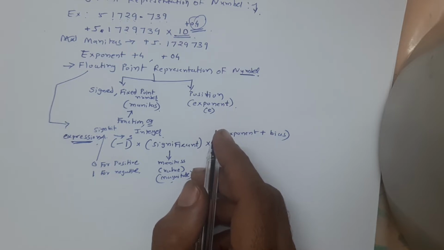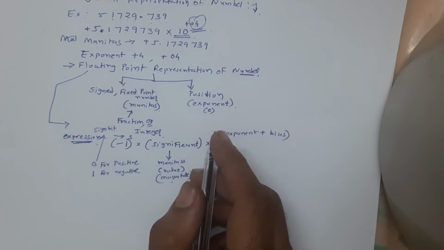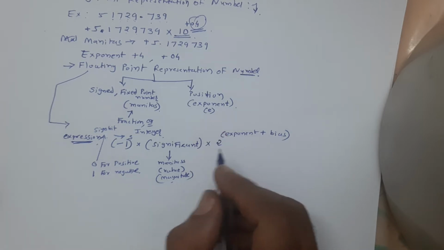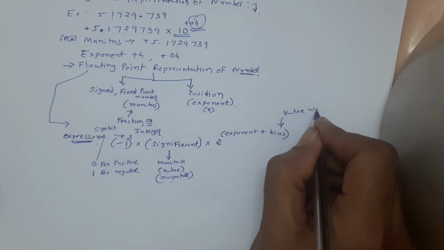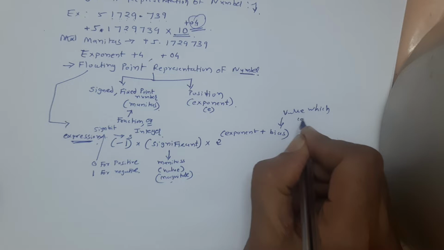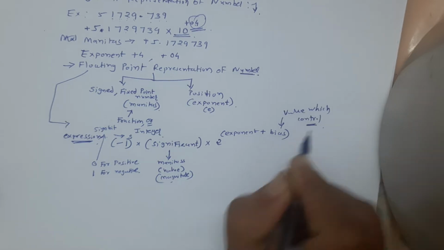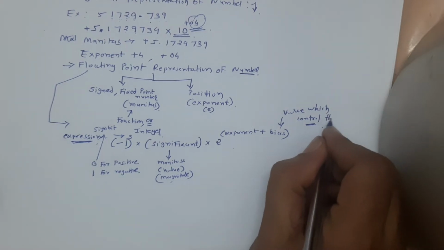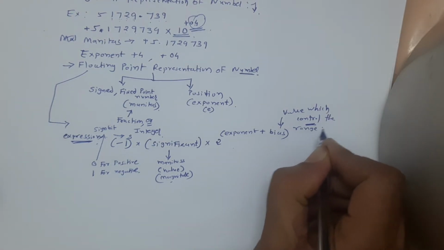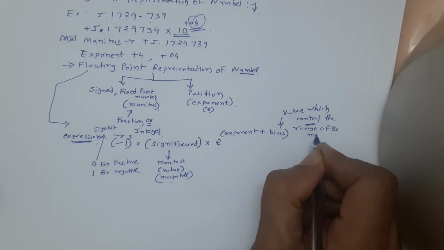While the bias is the value that is used to control the range of the number.